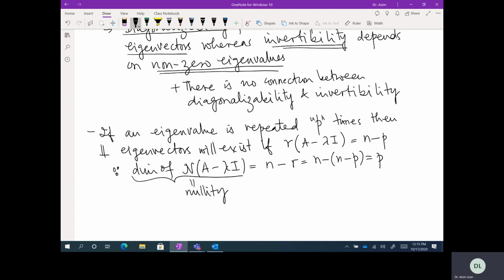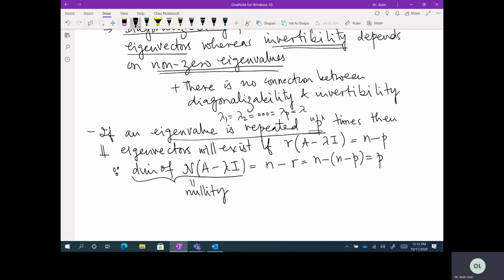So if the nullity is p, for an eigenvalue that is repeated p times, this simply means lambda 1 equals lambda 2 equals up to lambda p. I have p of these eigenvalues, each equal to some lambda.